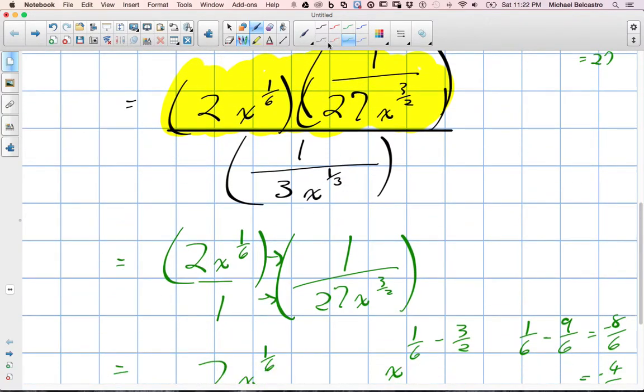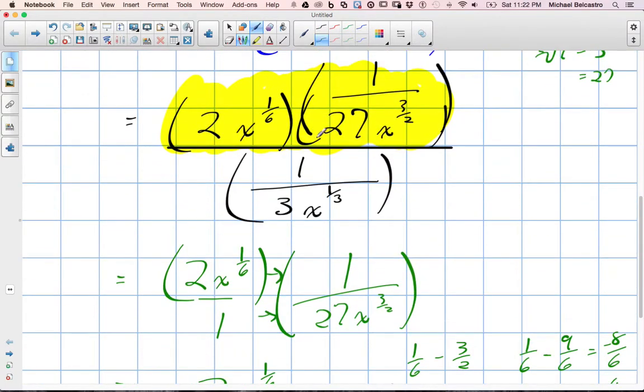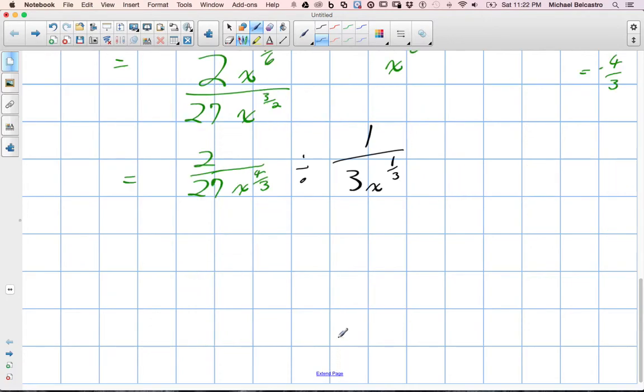This is still all divided by, remember, the bottom here, 1 over 3x to the third. Now, when we're dividing fractions, we invert our fraction and make it a multiplication question. We'll write this in black again.